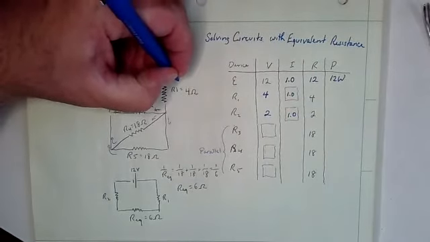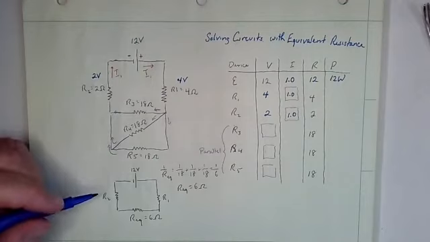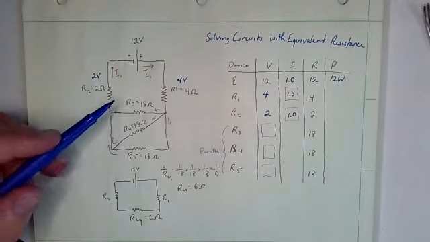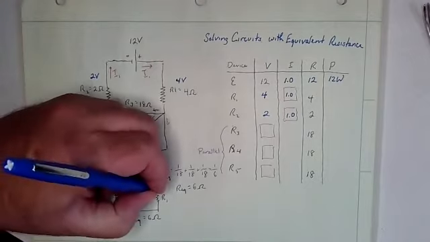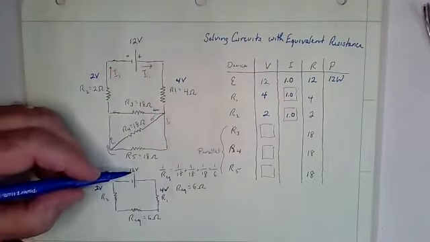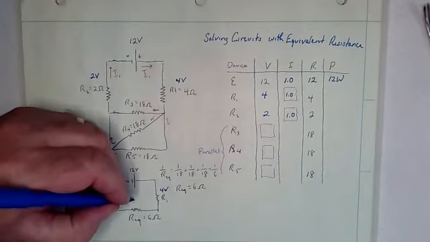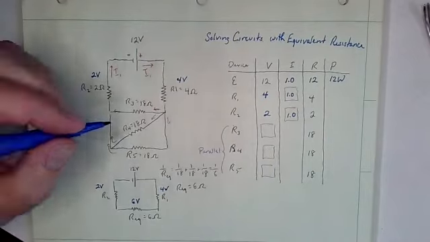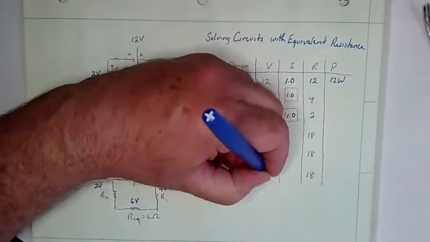So this is going to be 4 volts and 2 volts. And that leaves, if our charges start off with 12 volts and they lose 4 here and they lose 2 here, that means that they have 6 left to leave here. So all these purple boxes are 6.